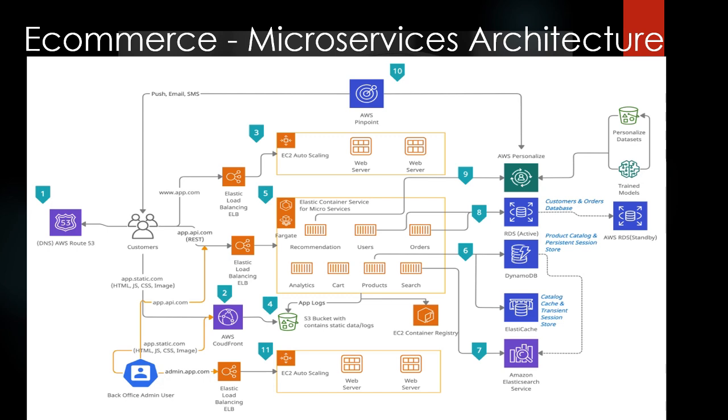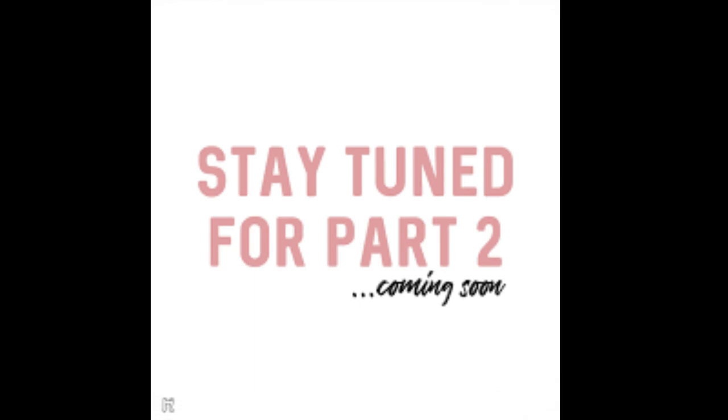And finally, we can also do recommendations based on user history using AWS Personalize, and the models could also be trained via AWS SageMaker, which will give you personalized content and recommendations when you log in to your homepage. So this is how an e-commerce microservices architecture can be designed using AWS.